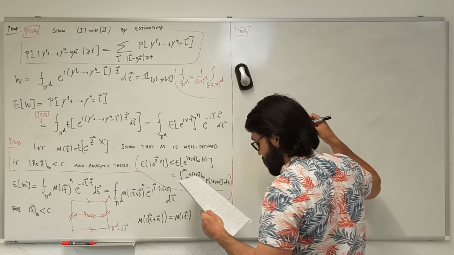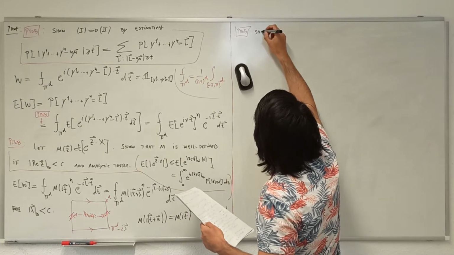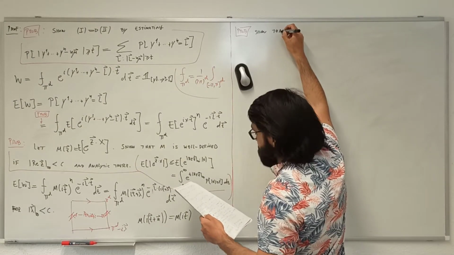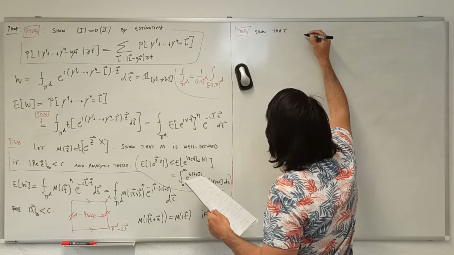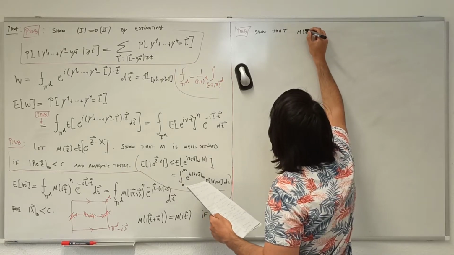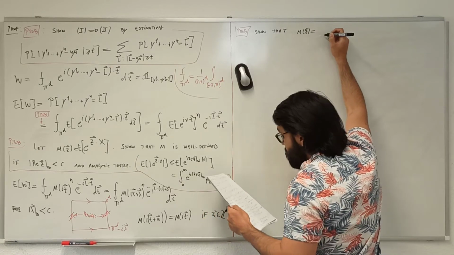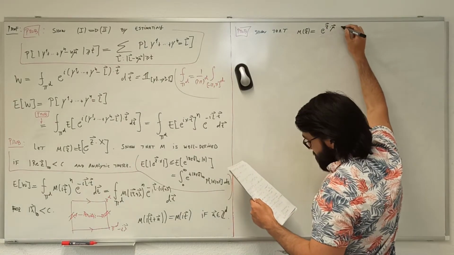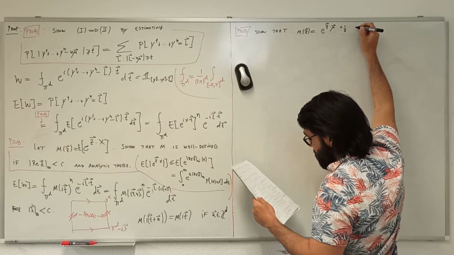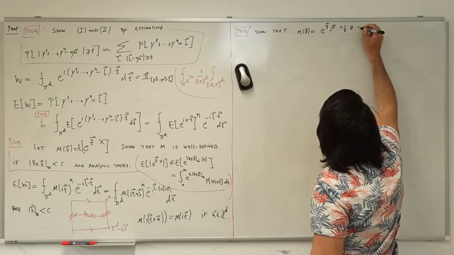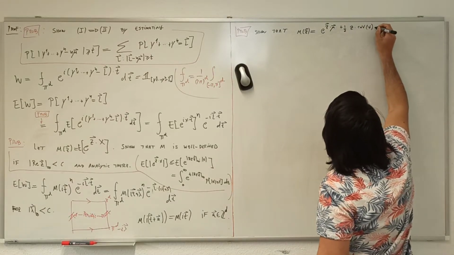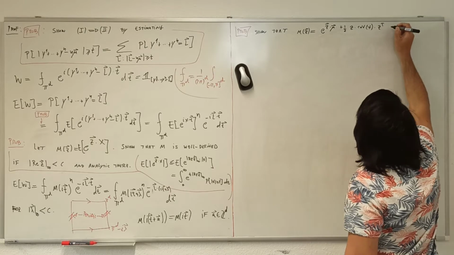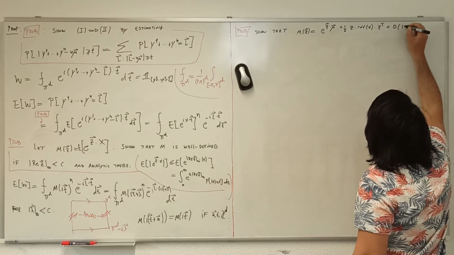Show that m of z equals e to z mu plus a half z covariance matrix of X z transpose plus O of modulus of z squared.